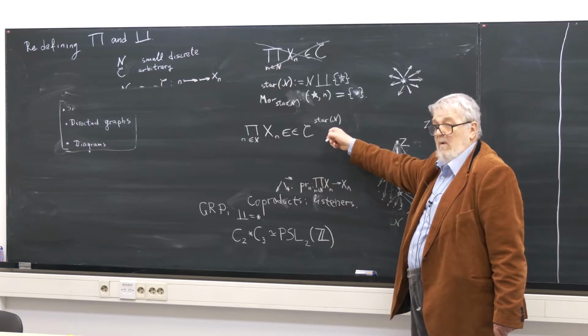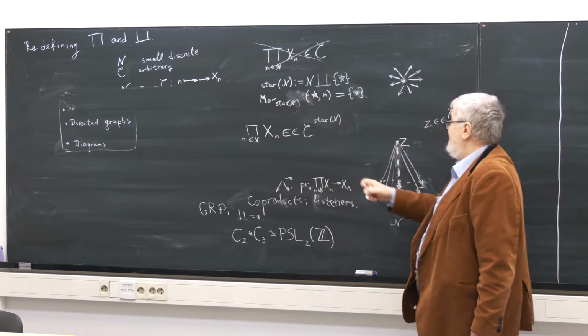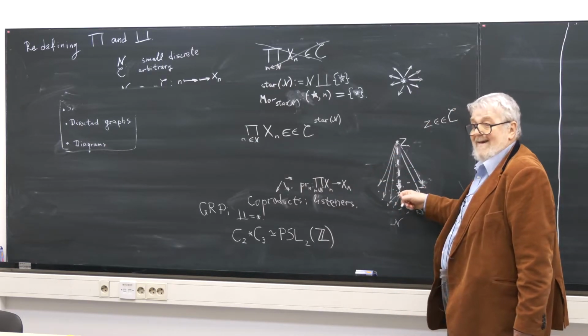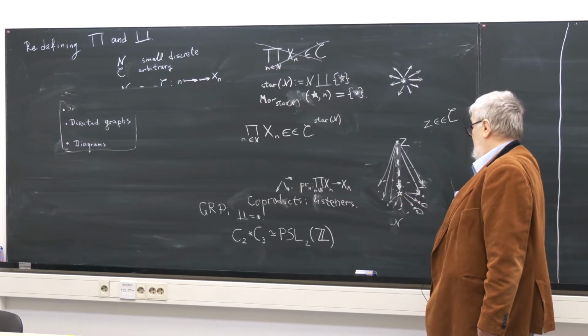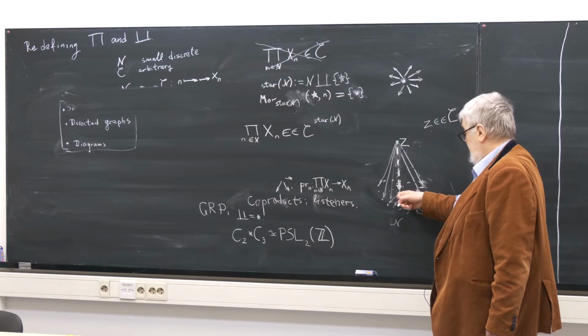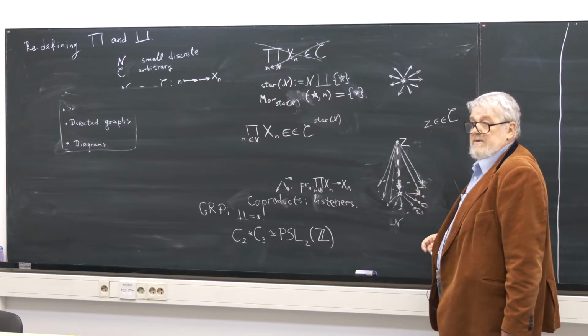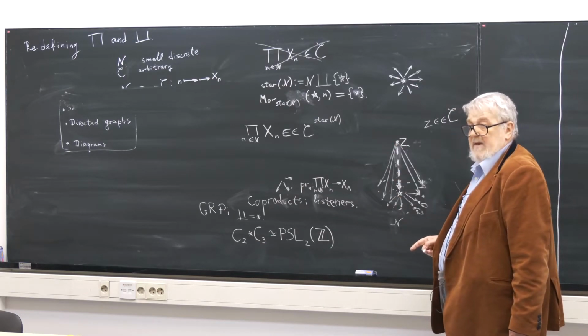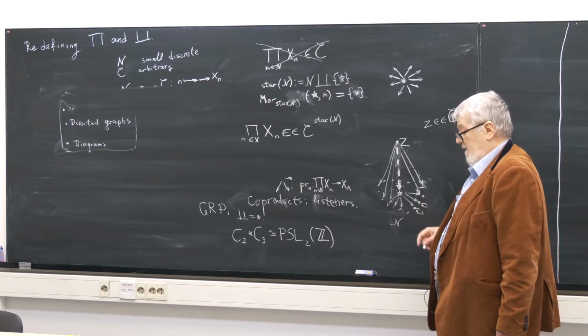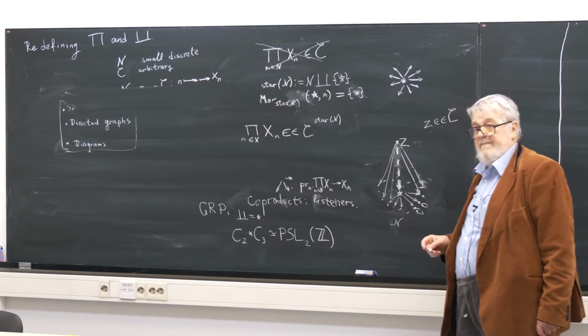It is a small functor from the category star of N. That means the object here, together with all the arrows to the objects marked by the small category N.